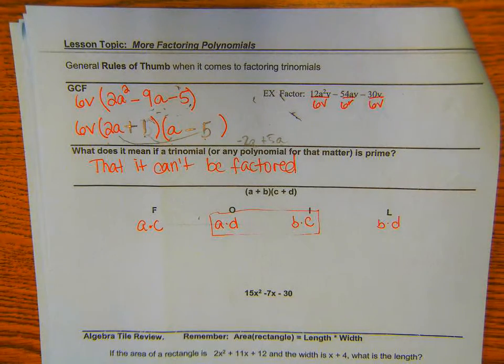So we're going to use that idea when we're trying to figure out what the factors of 15x squared minus 7x minus 30 are. So first let's check. Is there a GCF?